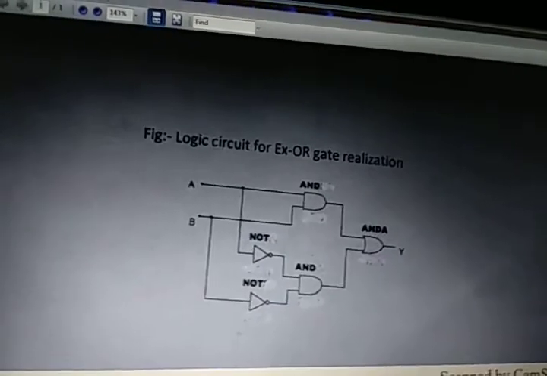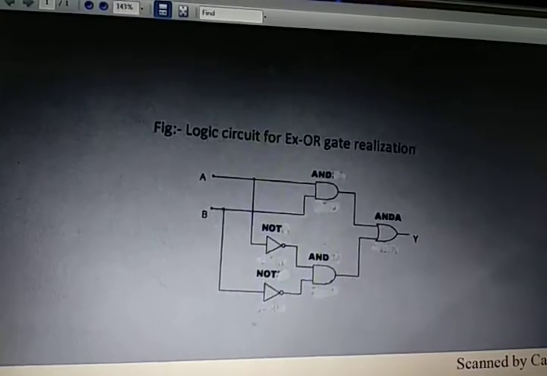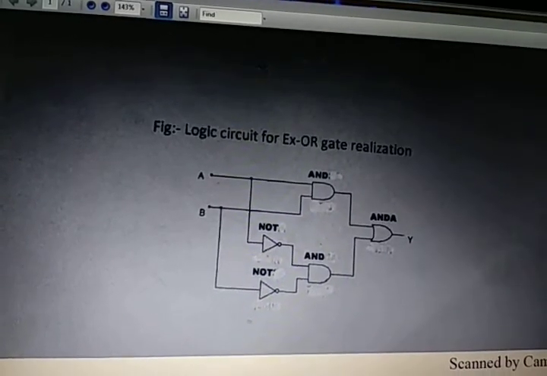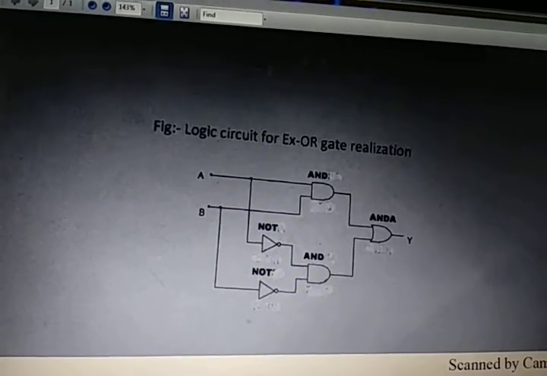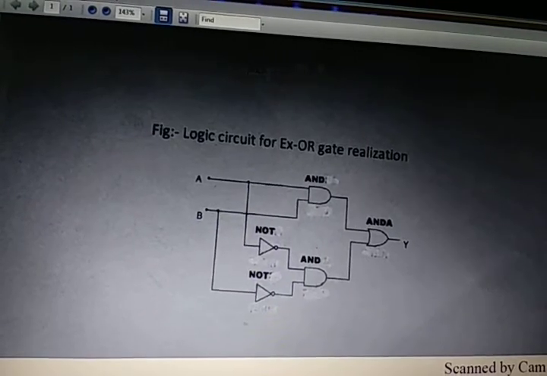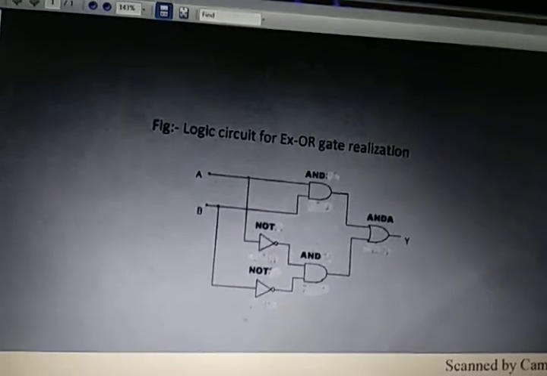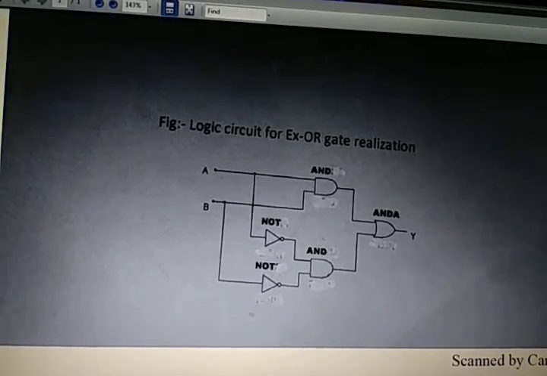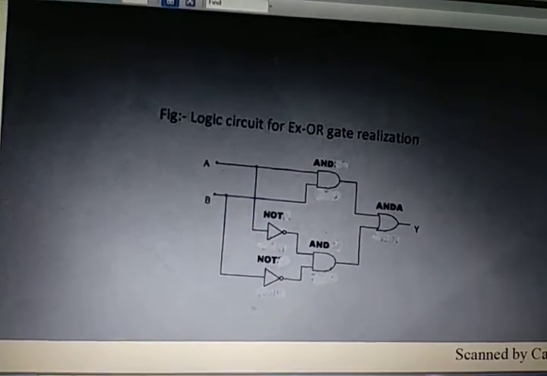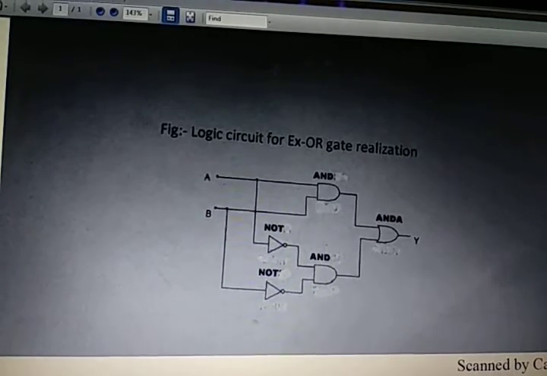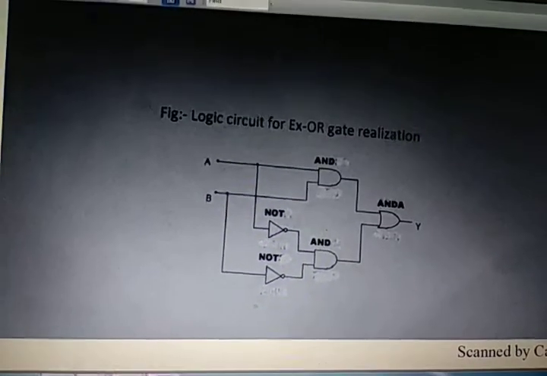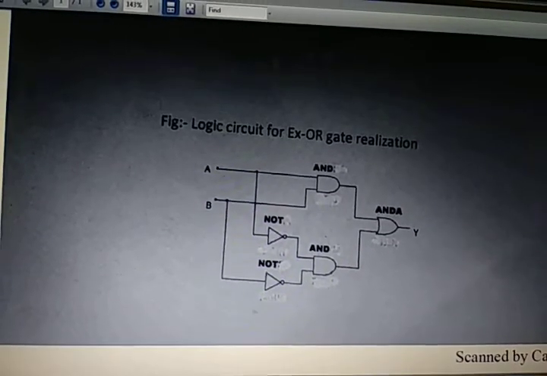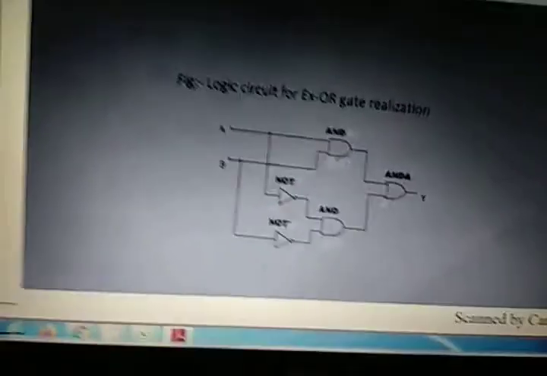In the first AND gate the two inputs are given directly, and for the second AND gate the two inputs are taken through NOT gates. That means we have to take the opposition of the two inputs, and that is given as input to the second AND gate, and the outputs from both AND gates are given to the OR gate.